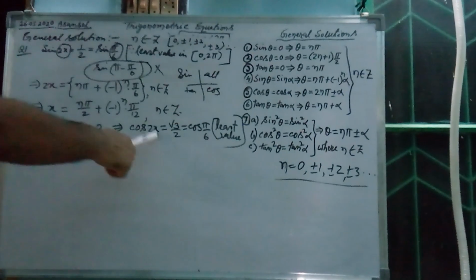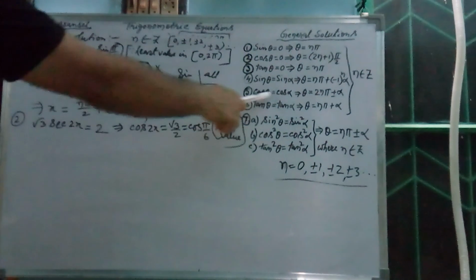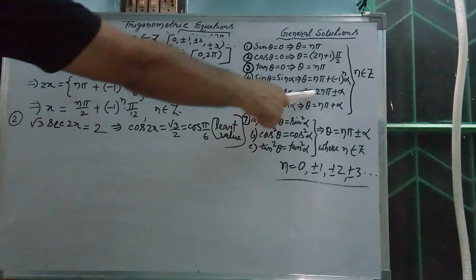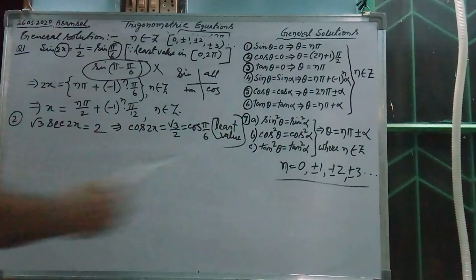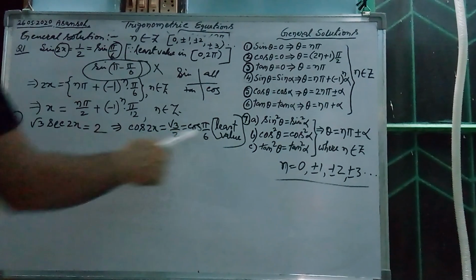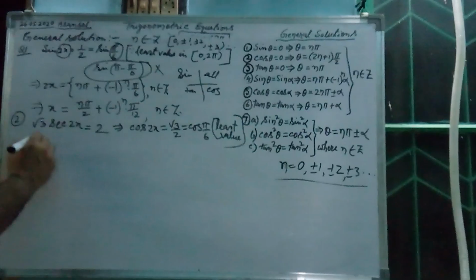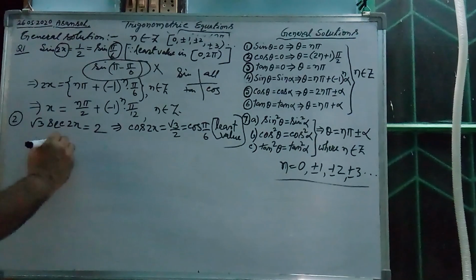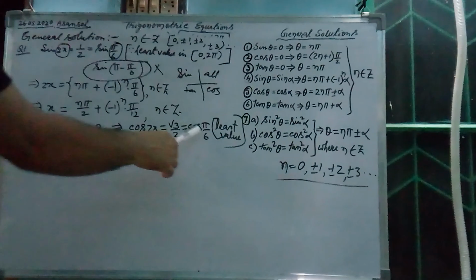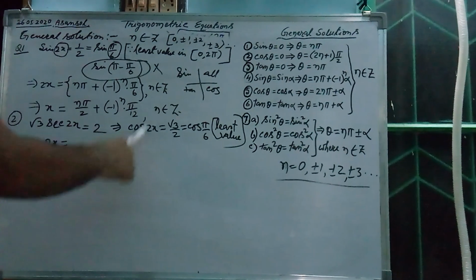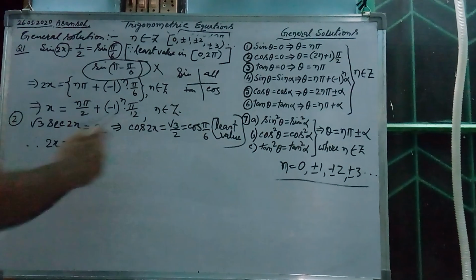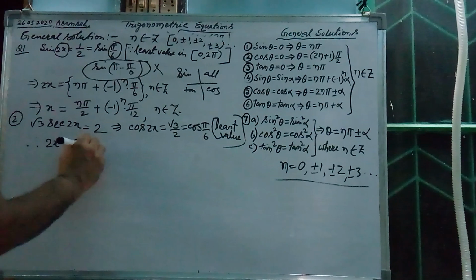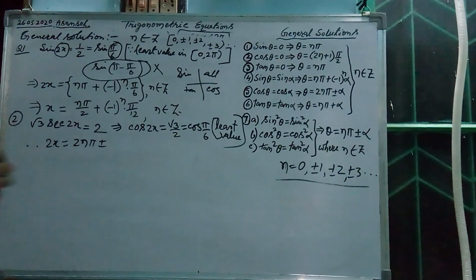If cos theta is equal to cos alpha, then theta is equal to 2n pi plus minus alpha. So here cos theta is equal to cos alpha, therefore 2x is equal to 2n pi plus minus alpha.